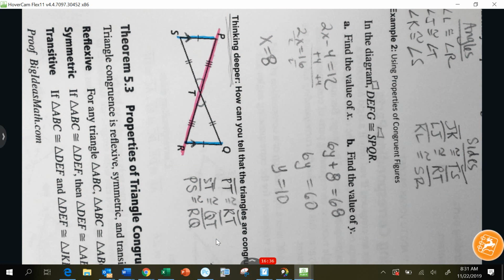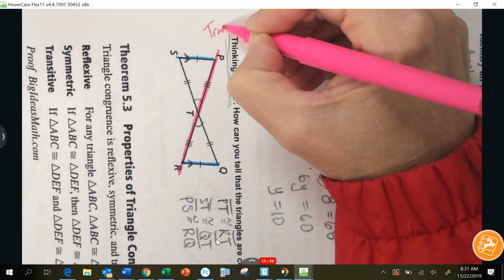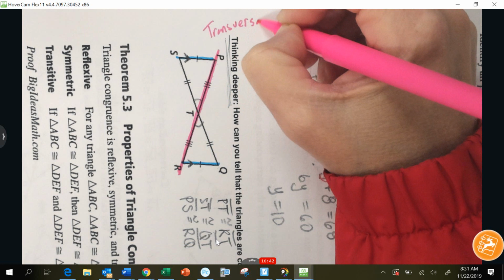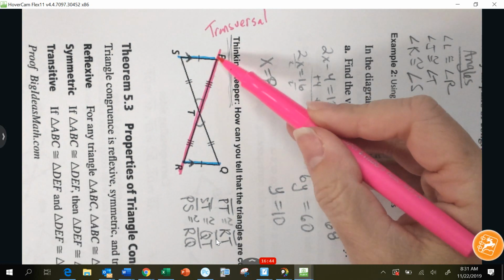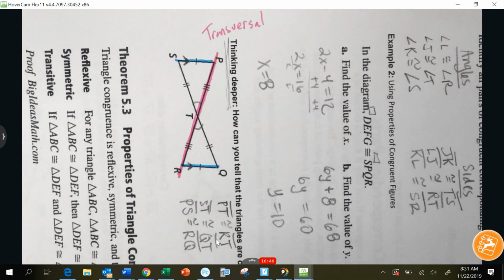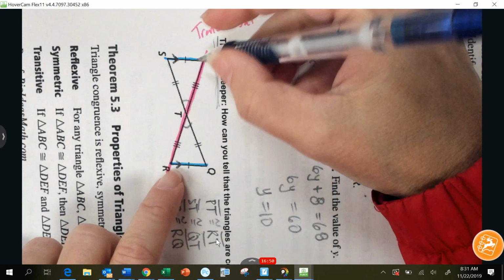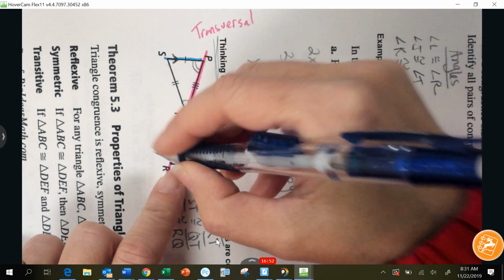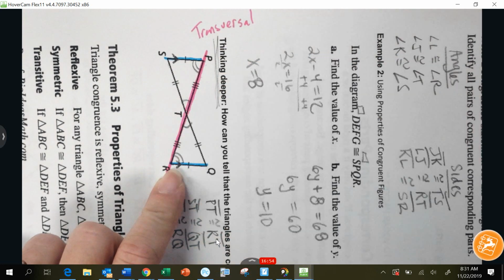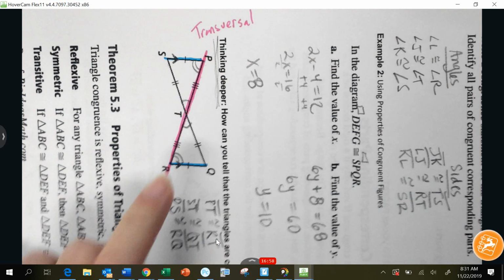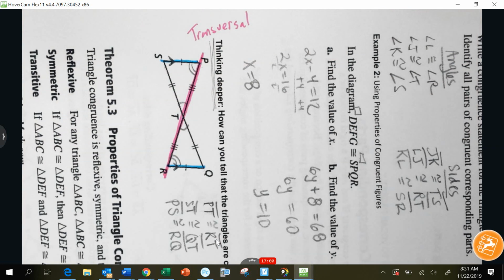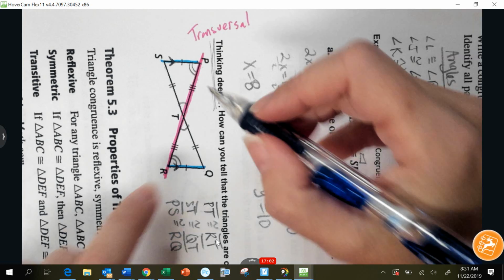Starts with a T. Transversal. And if we have a transversal that intersects two parallel lines, what kind of angles are these? Alternate interior angles. And we have a theorem, the alternate interior angles theorem, that says these are congruent.